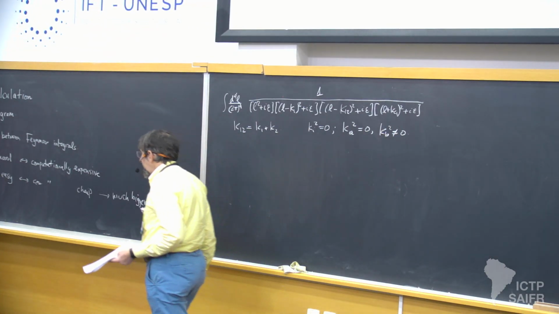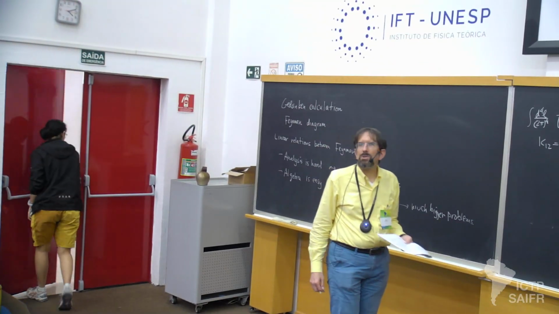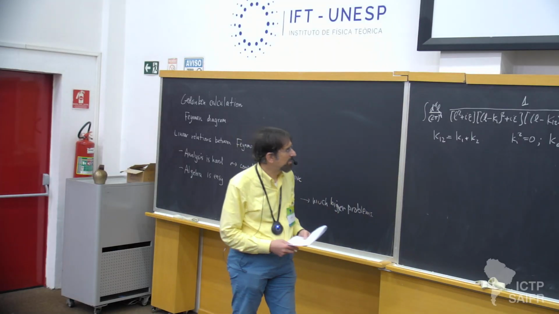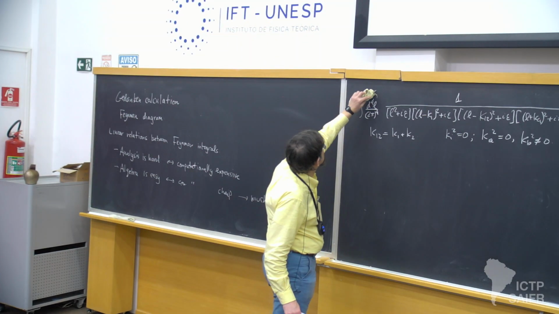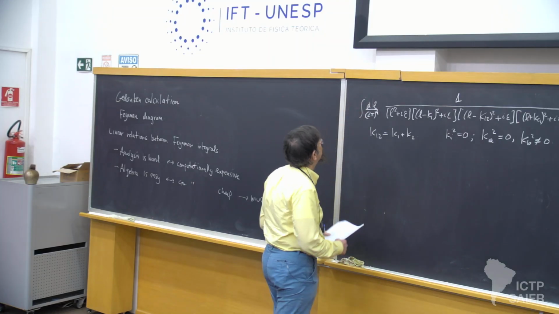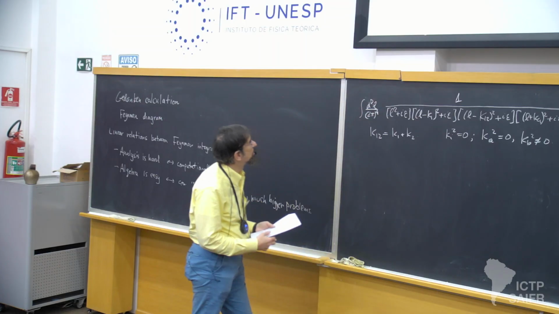And when we do that, those of you who already have done some calculations know that this expression makes no sense because it's full of divergences. And so we have to go to dimensional regularization.